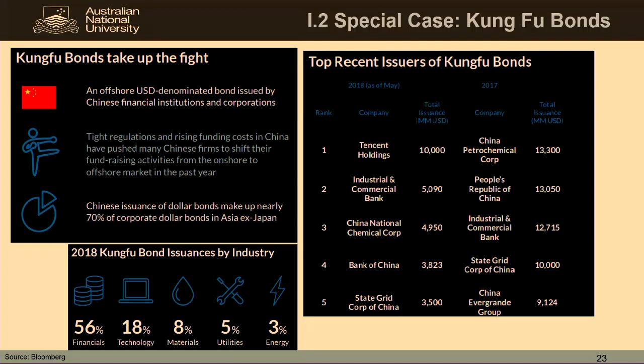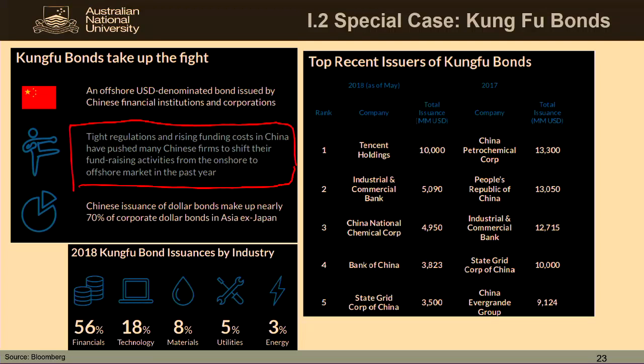So this arises from tighter regulations and rising funding costs in China, which pushes many firms to shift their fundraising activities from the onshore market to the offshore market. So that is really one of the big things that drives companies to, instead of issuing domestic bonds, issue offshore or global bonds, right? This is true for any companies that are in the global bond market.